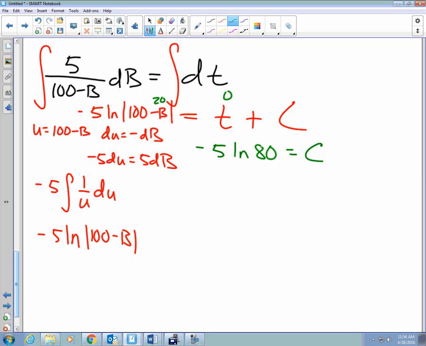Negative 5 natural log of 80. So now I'll rewrite my equation. Negative 5 natural log of the absolute value of 100 minus b is equal to what? Yep, t minus 5 natural log of 80.